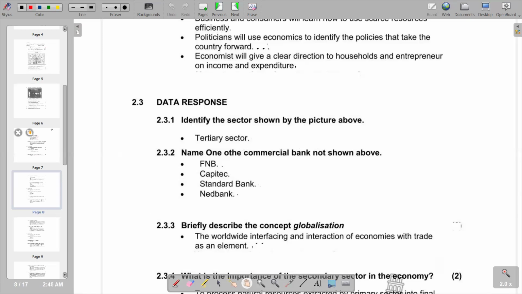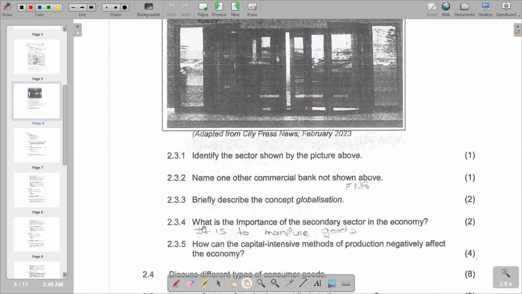So we go to the next part of the question, which reads, what is the importance of the secondary sector in the economy? We know that the secondary sector is responsible for the manufacturing of products. It converts raw materials or inputs into final goods or products.